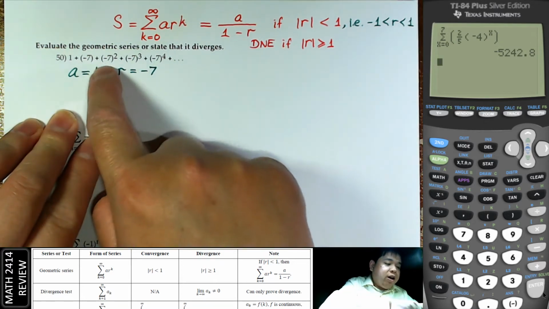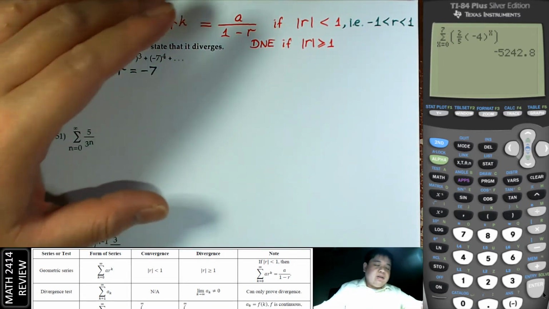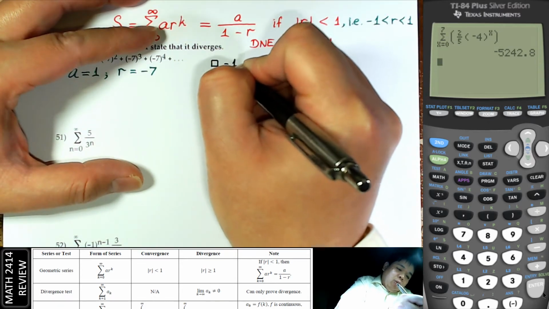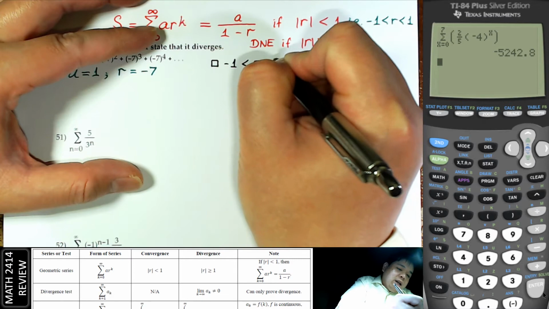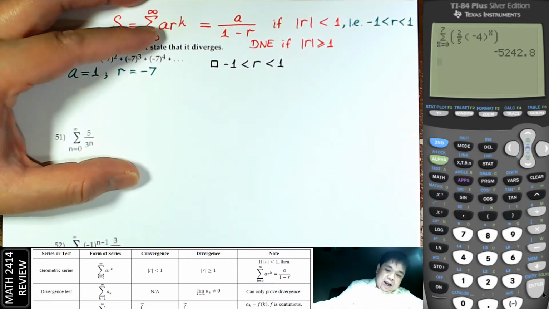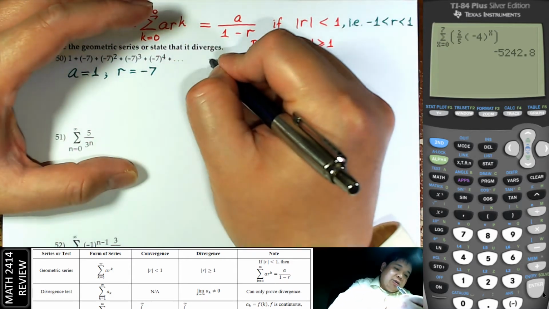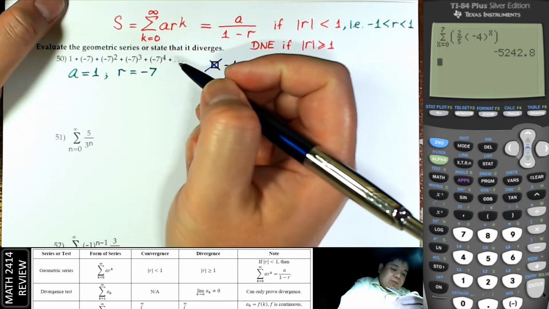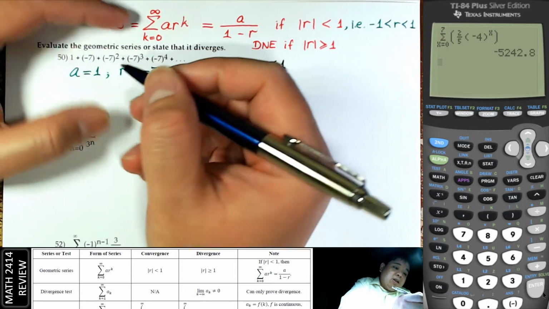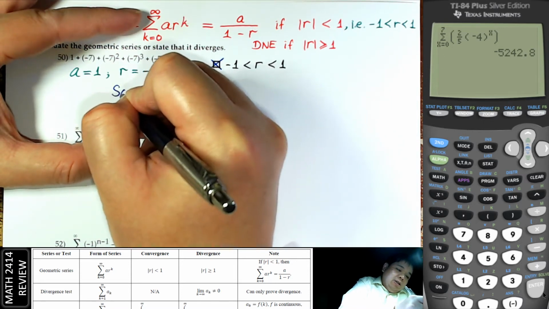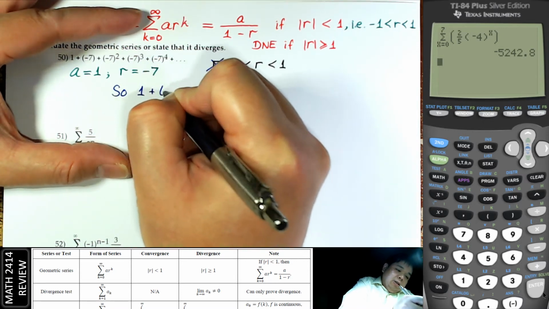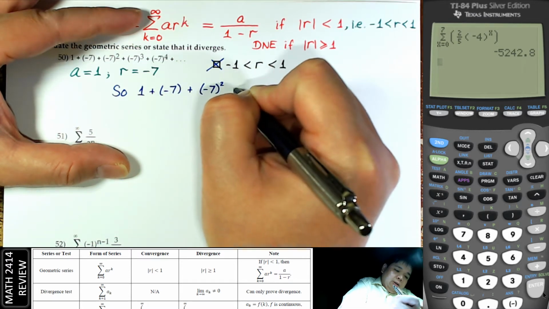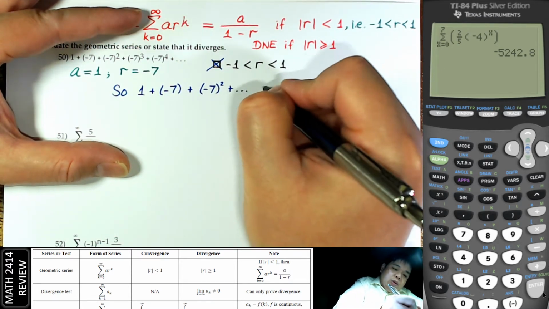Right, multiply -7 to go from this term to the next. And is that between -1 and 1? Always have to check that. And the answer to that is no. It's -7. So we say that this is divergent. So we say this one diverges.